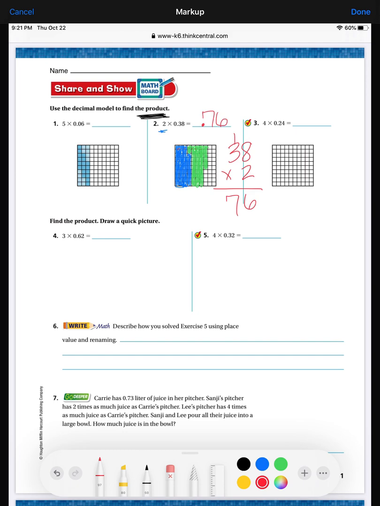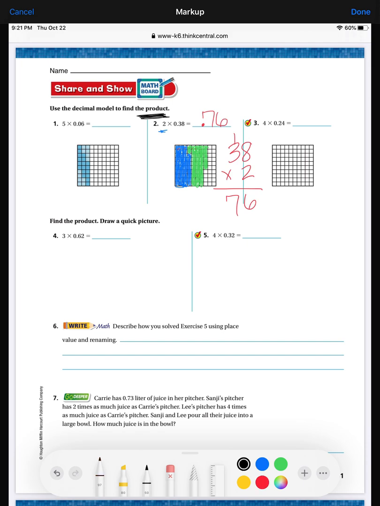All right. Pretty easy stuff, but we are going to look at number 3, just because I think it's going to be beneficial for us to do that. And then we are going to look at 4 and 5, and I'm going to give you a couple of pointers for those ones. Okay, number 3, we have 4 times 0.24, okay?